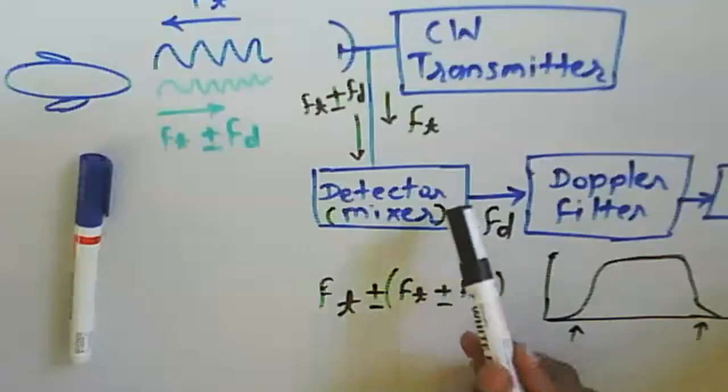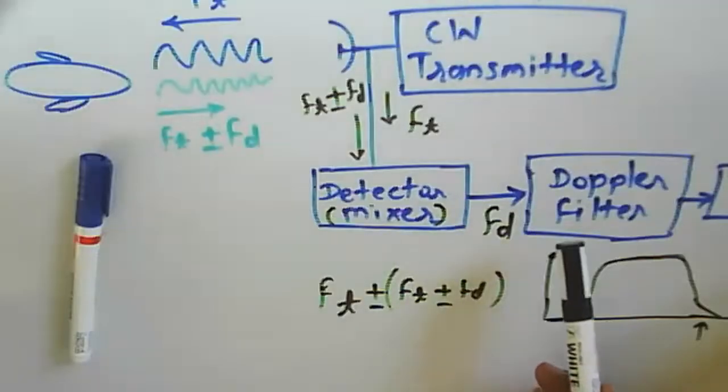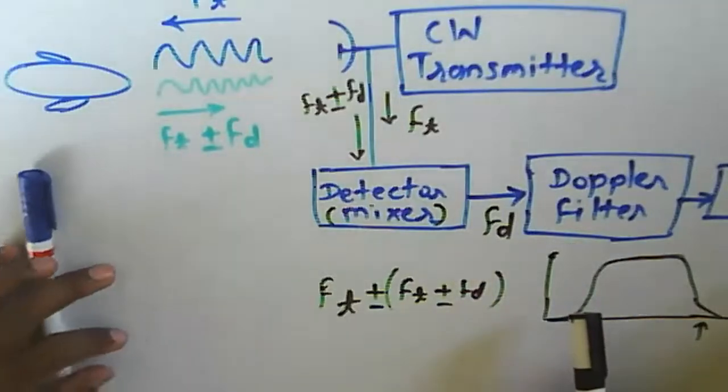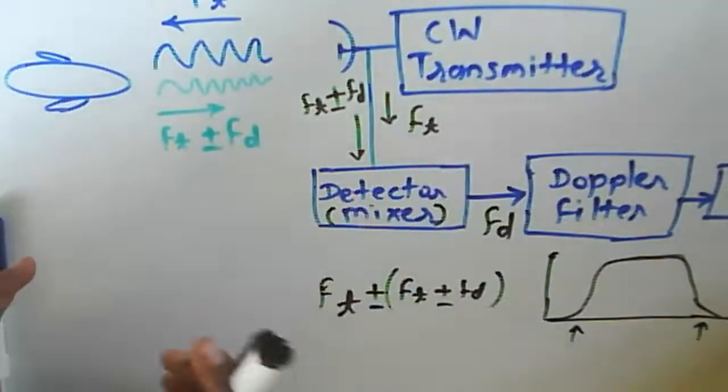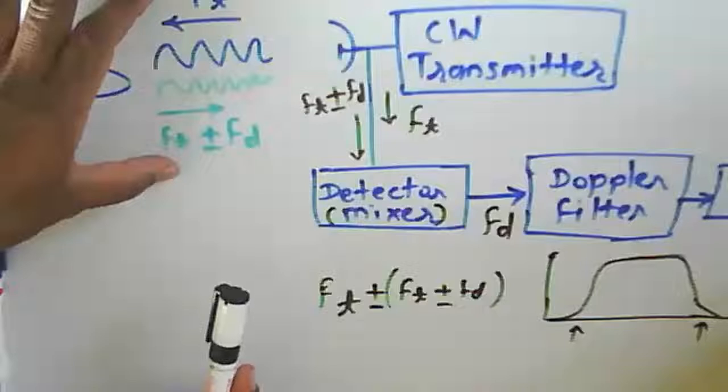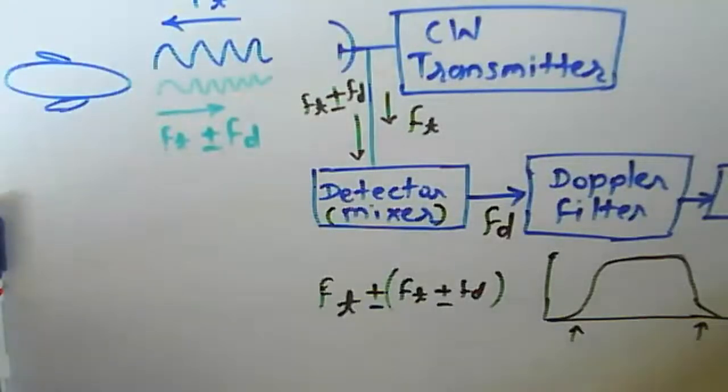And this fd will indicate the range of the object or target from this radar. Within a particular range, the radar is able to identify that the object is present in that particular region.